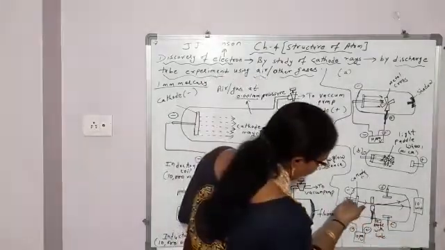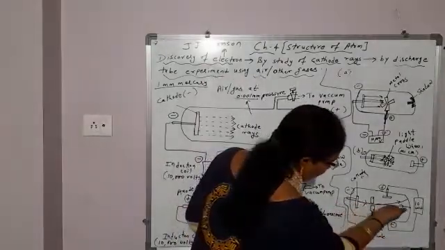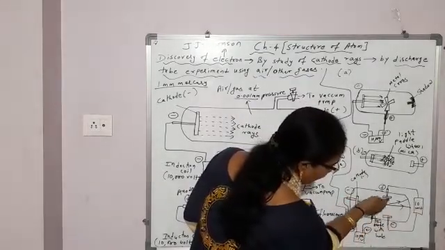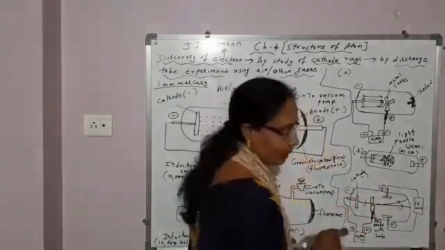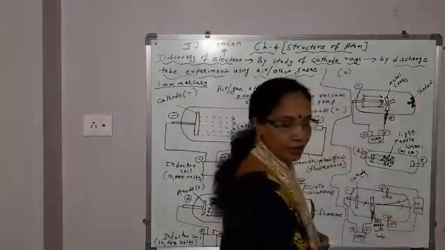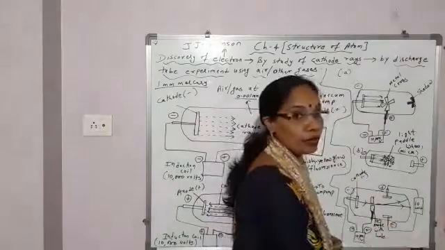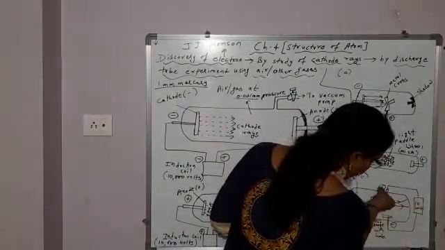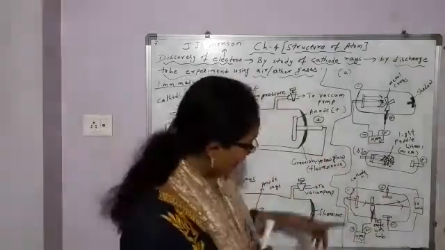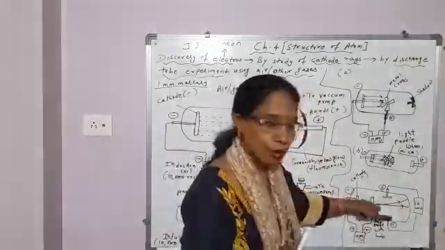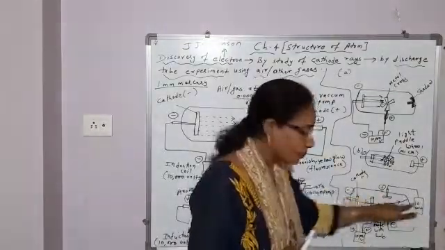Okay, so the rays which came from the cathode, when passed through the electric field, the glass wall opposite to the cathode started fluorescing, but not here. It deflected towards the positive plate, the cathode rays which travel from the cathode towards the anode.